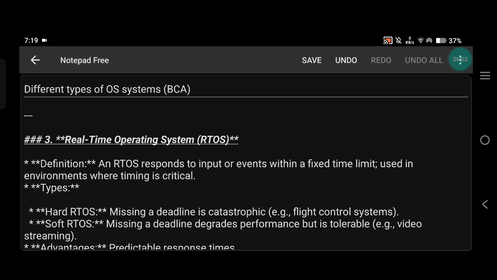In hard real-time systems, missing the deadline can cause serious damage. For example, in an aircraft control system, if the operating system doesn't respond on time, it could be a disaster. In soft real-time systems, missing a deadline reduces performance, but it is not fatal, like online video streaming. Examples: VxWorks, RT Linux.